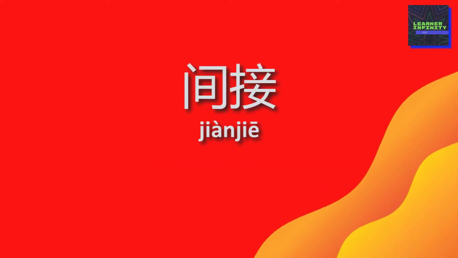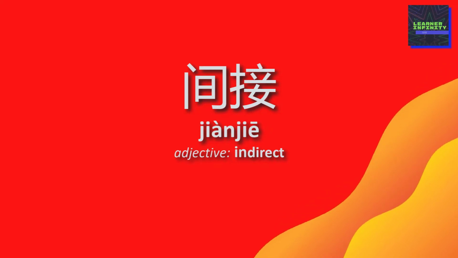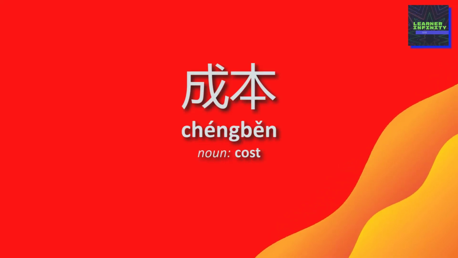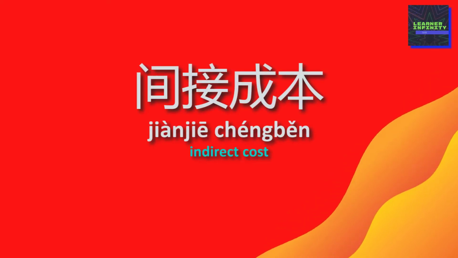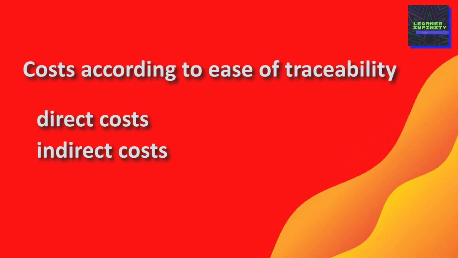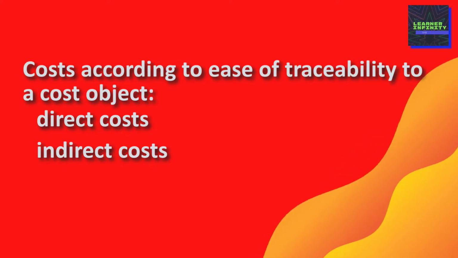The word 间接 is an adjective which means indirect. Combine the word 间接 with the word 成本, which means cost. 间接成本 is an accounting term for indirect cost. Classifying cost, whether it is direct or indirect, is based on how this cost can easily be traced to a cost object. Let's continue with the third way of classifying cost.